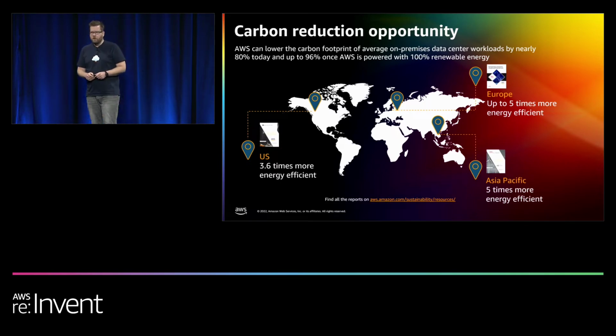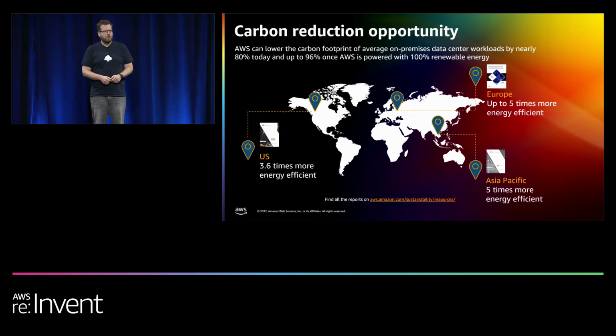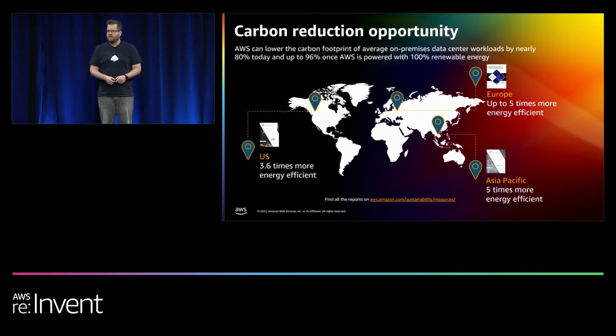And by the way, we are not only optimizing for energy. Energy is not the only resource AWS optimizes for. You might have heard today in Adam's keynote that we also take care of water, and we committed to being water positive by 2030. So it's not the only resource we optimize for.